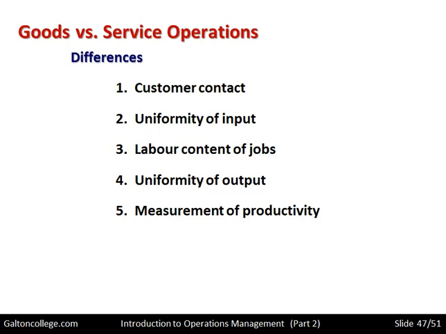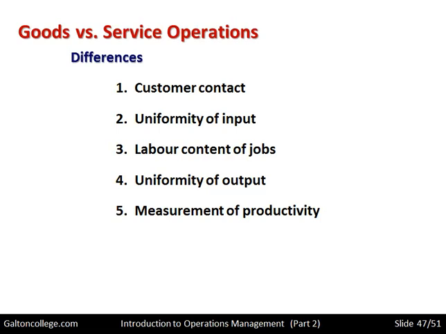With services, with a hairdresser, it's possible to argue that the more haircuts the hairdresser does in a day, the more productivity could be measured in that way, the number of haircuts, and it is related to the skill and the efficiency of the hairdresser.